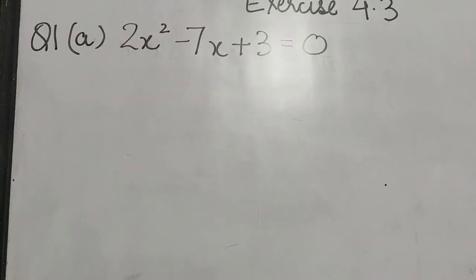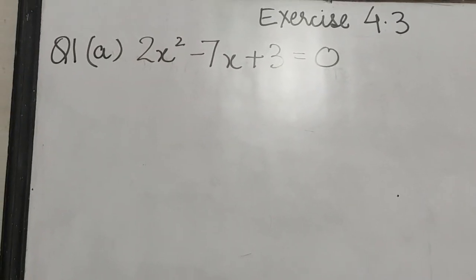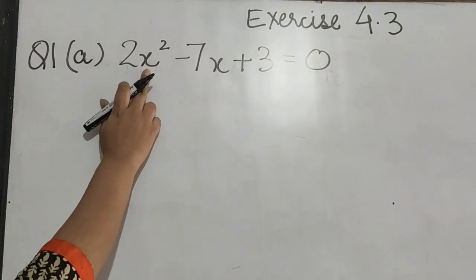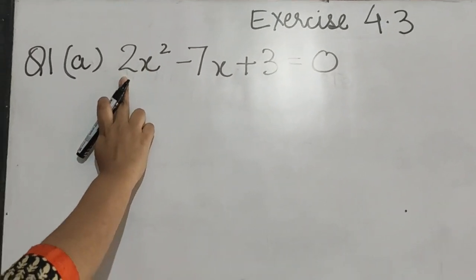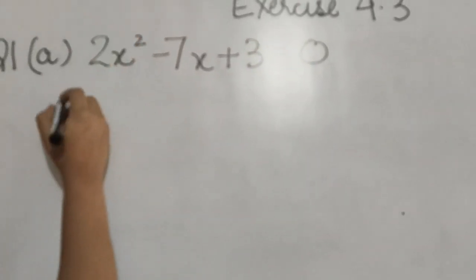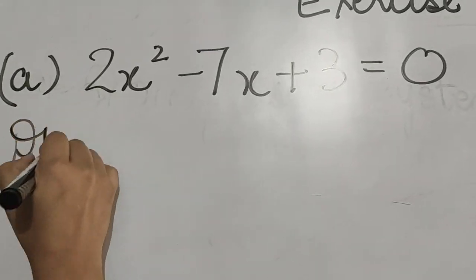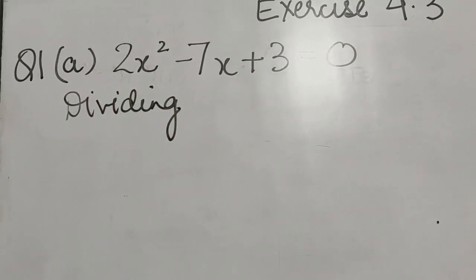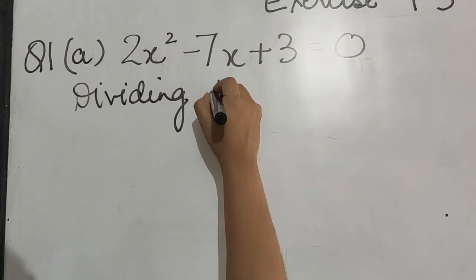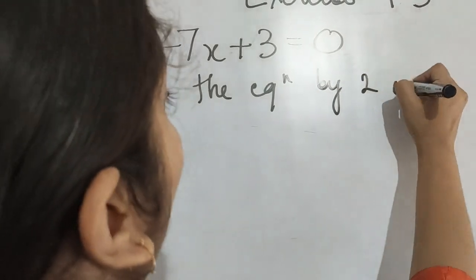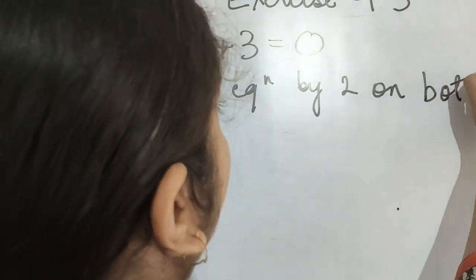First of all, we are going to divide the equation by 2. Why? Because we have to leave the coefficient of x square as 1. So we have to remove this 2, and to do this, we will write: dividing the equation by 2 on both the sides.